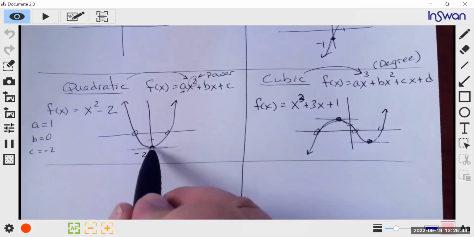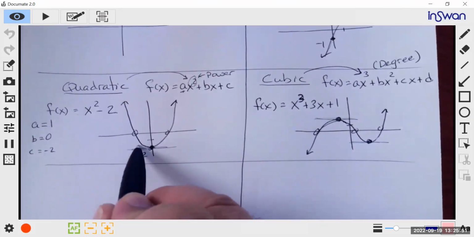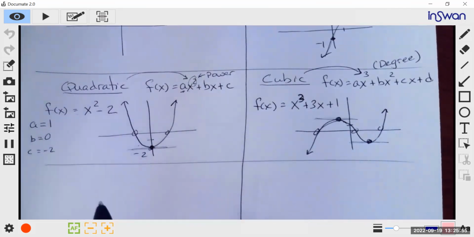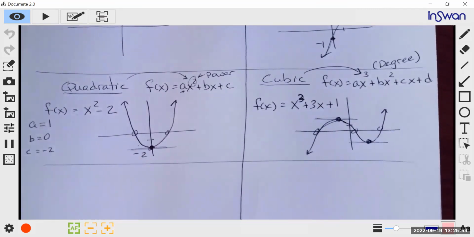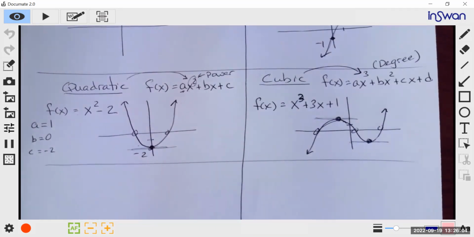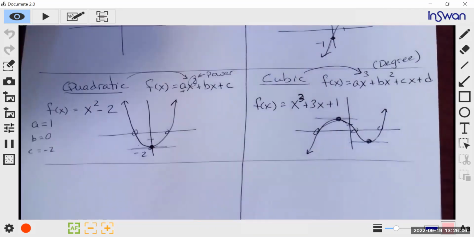In other words, at the vertex, on one side you're going to have a positive slope, and on the other side you'll have a negative slope. Always. You have different slopes on both sides. Okay, and we'll go into more detail later on. So again, the degree tells us what it's going to look like.